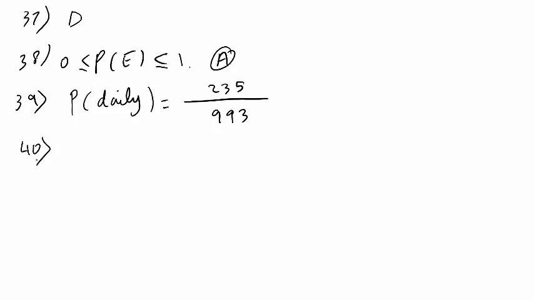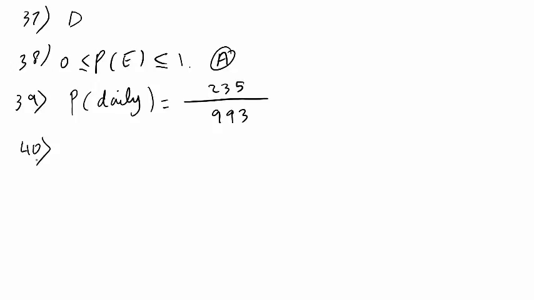Number 40. Use the spinner below to answer the question. Assume that it is equally probable that the pointer will land on any one of the 5 numbered spaces. If the pointer lands on a borderline, spin again. Find the probability that the arrow will land on 4 or 5. Since we have 1, 2, 3, 4, 5 pieces, each one has a 1 over 5 chance of occurring.